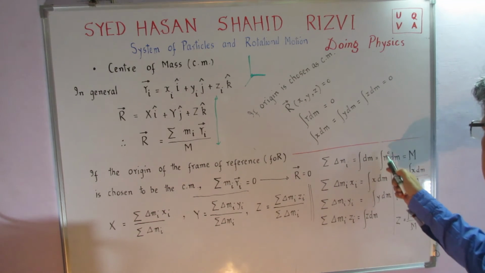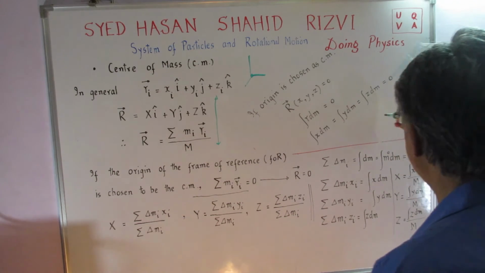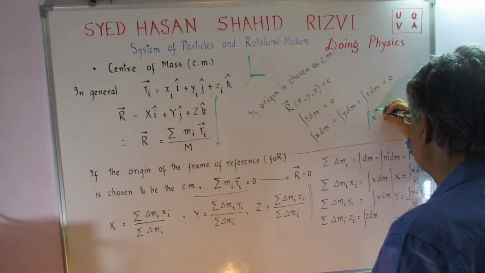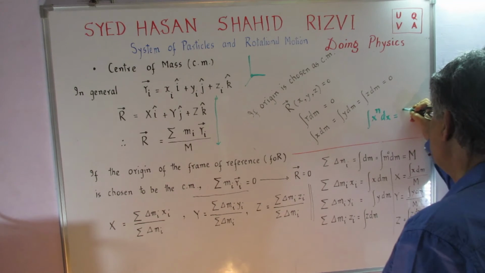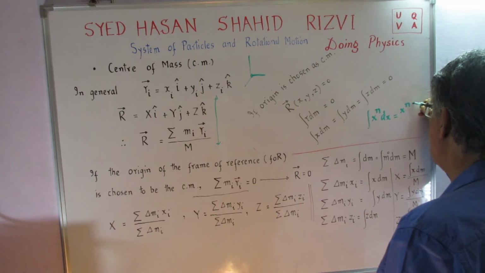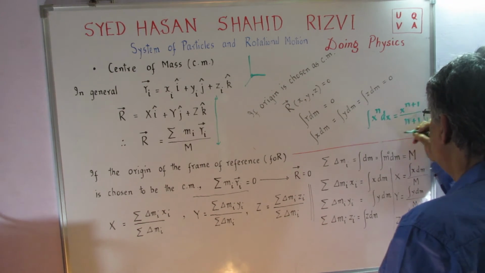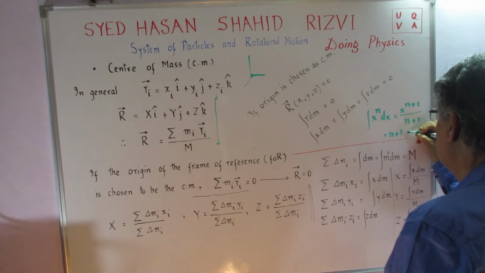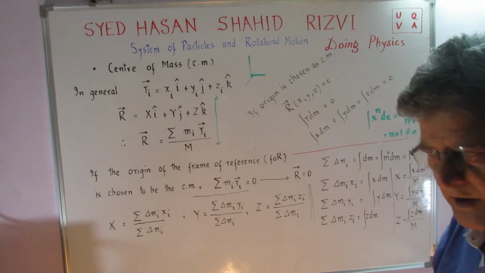So I write this now as integral of m to the power dm, and use the principle of integration of x to the power of n dx. You remember that this is equal to x to the power of n plus 1 divided by n plus 1, provided that n plus 1 is not equal to 0, or n is not equal to minus 1.